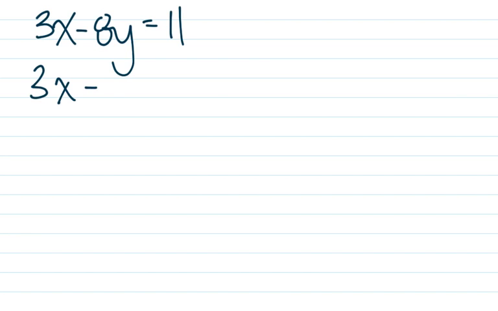So let's go ahead and do another one. If I have, let's do this one. If I have 3x minus 8y equals 11, and 3x minus 6y equals 10. Okay, so first thing I'm going to do is solve them. So I'm going to put, let's move this one over here.